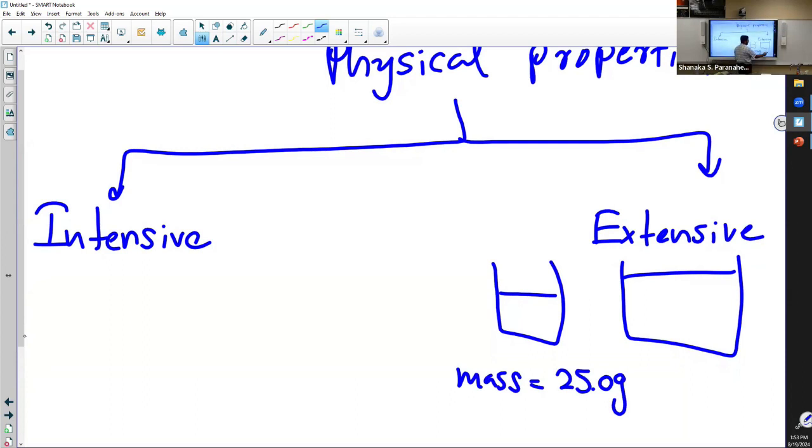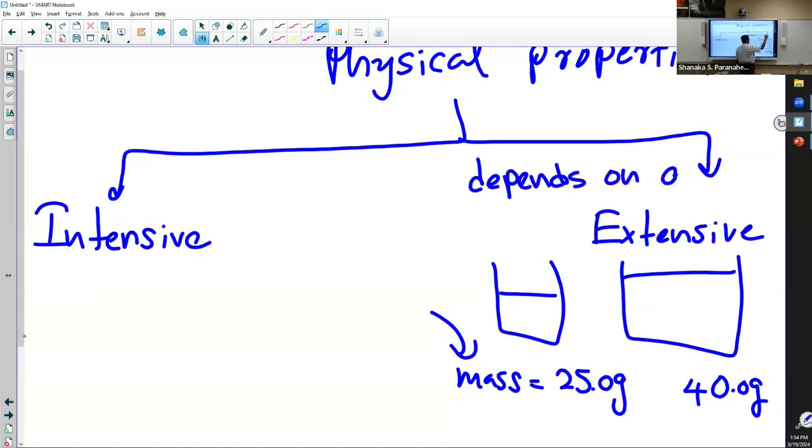And this one is not going to be 25 because it has more water. More water means more mass, so probably this is like 40. So mass is something that depends on the amount of material. Extensive properties depend on the amount of material.